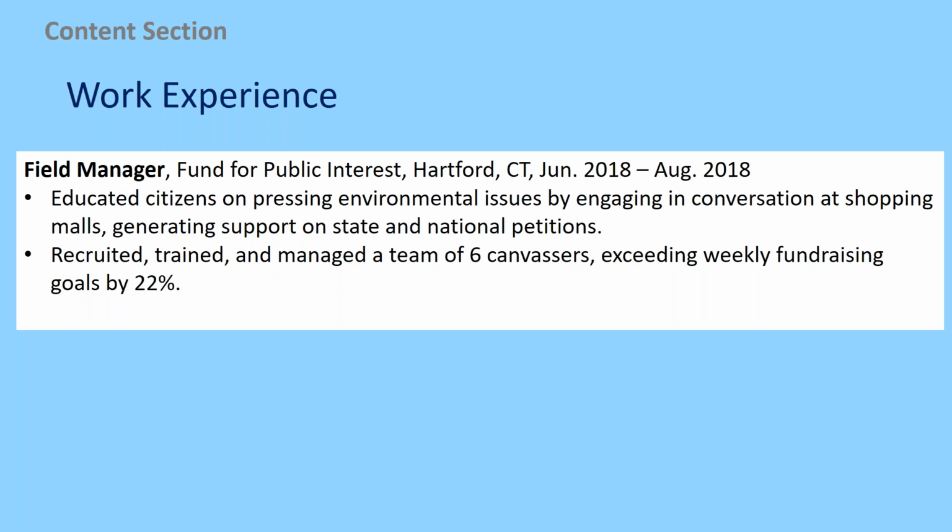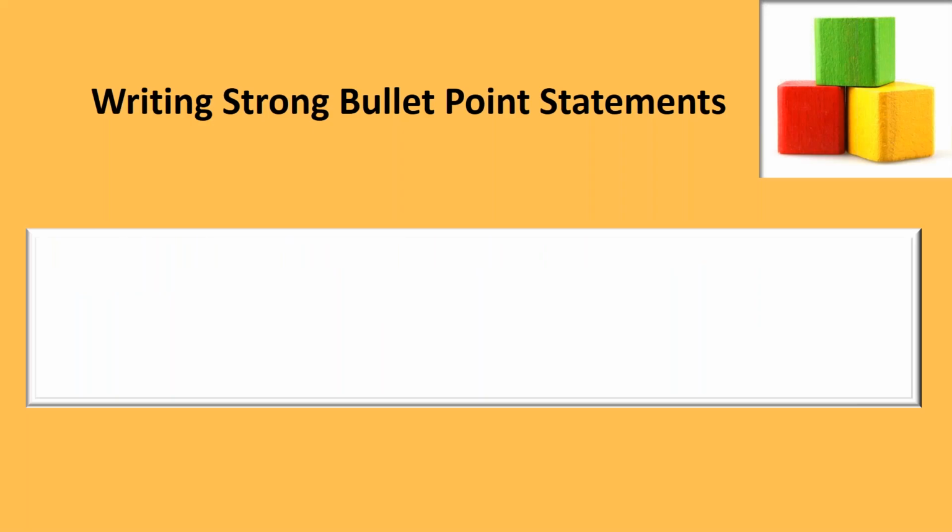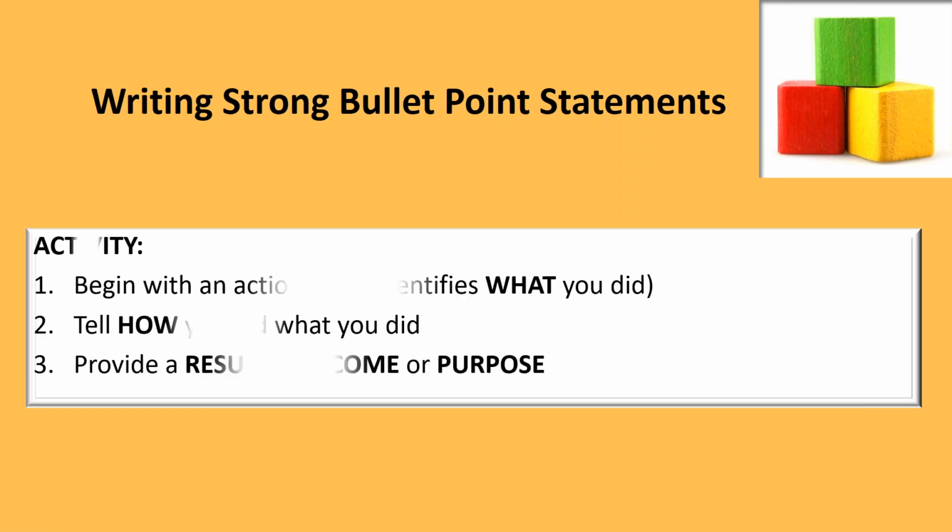When writing strong bullet point statements, you'll want to try and include really 3 components. The first component is choosing an action verb to identify what you did. The second component is including some content about how you did what you did. And then the final component is sharing a result, a purpose, or an outcome.